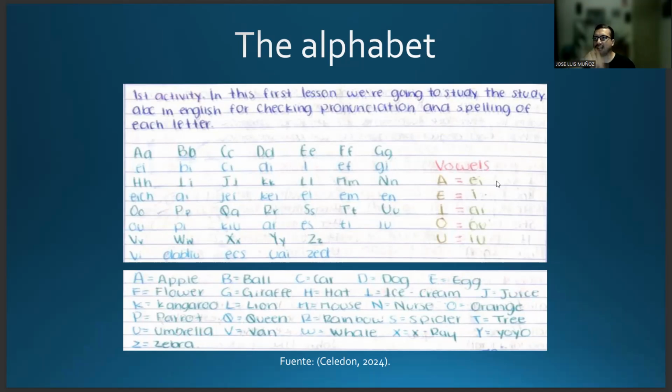X-ray, like a tool that you use for looking for the bones, like knowing what is inside. And finally we have the Y, yo-yo.